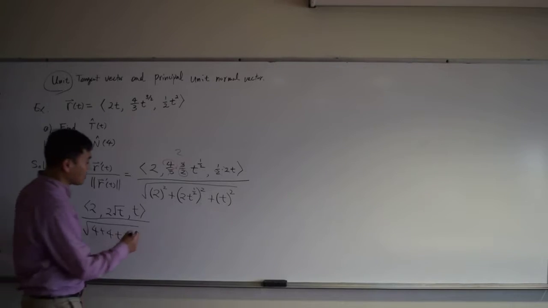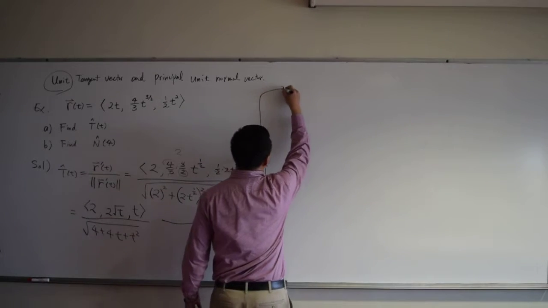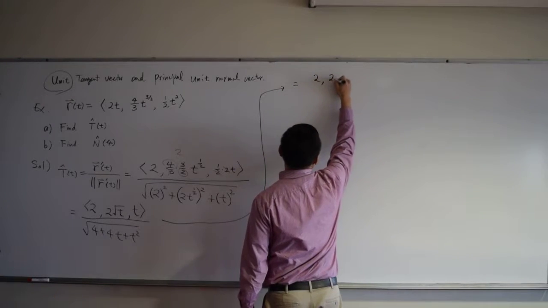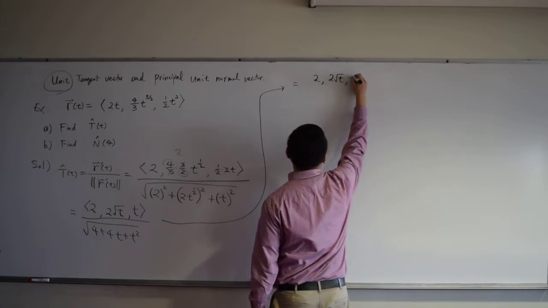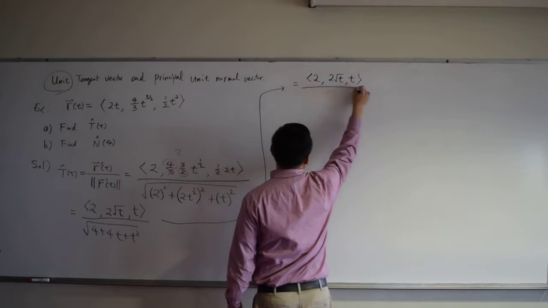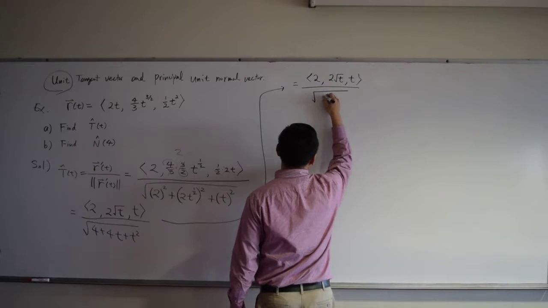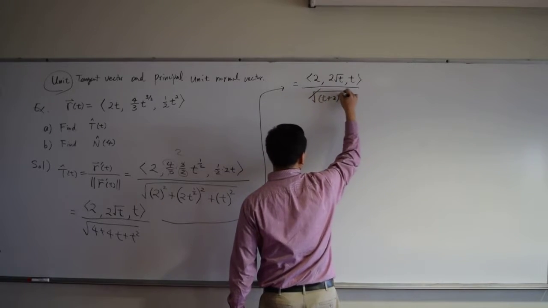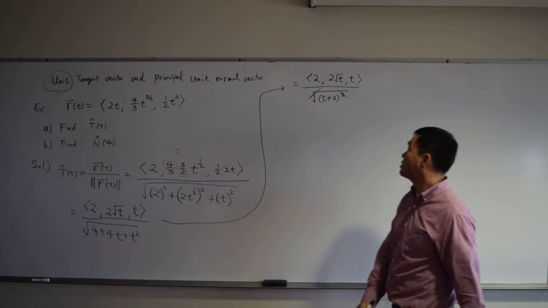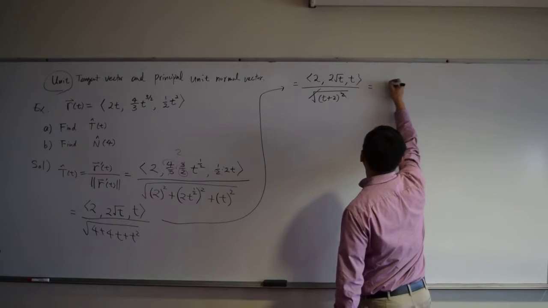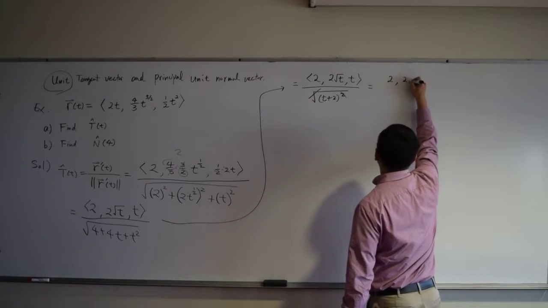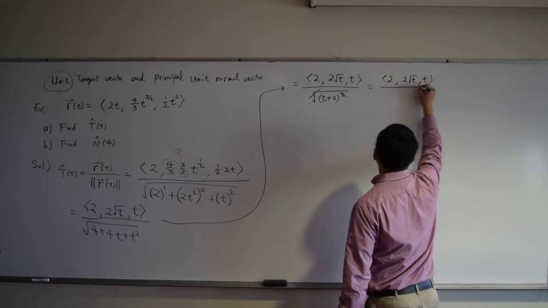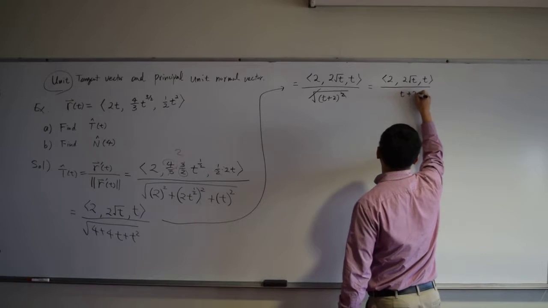So if you factor it like that, then you get 2 square root of t, comma, t, over square root of t plus 2 squared, and the square can cancel with the square root, leaving you with a somewhat more manageable form, which is t plus 2.